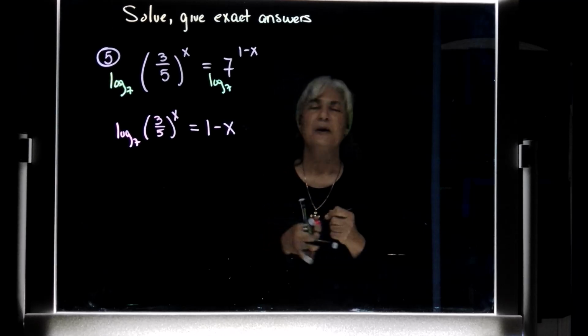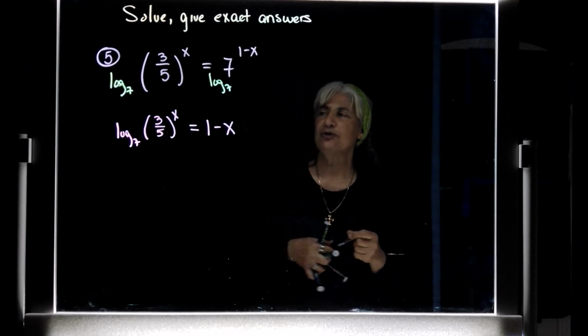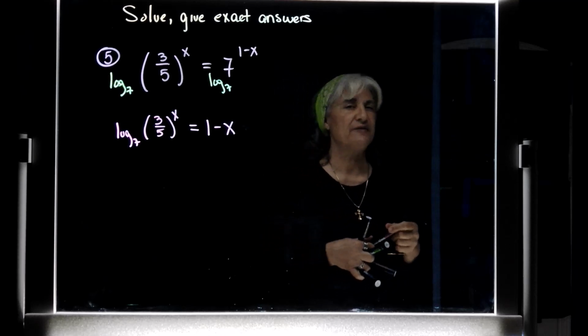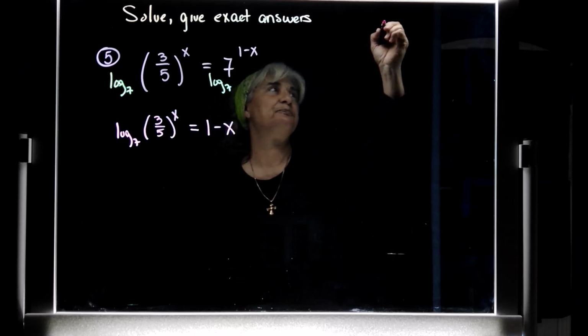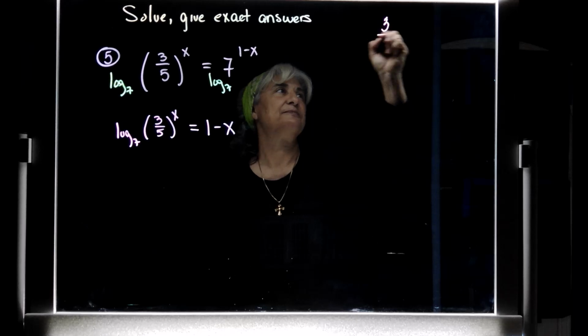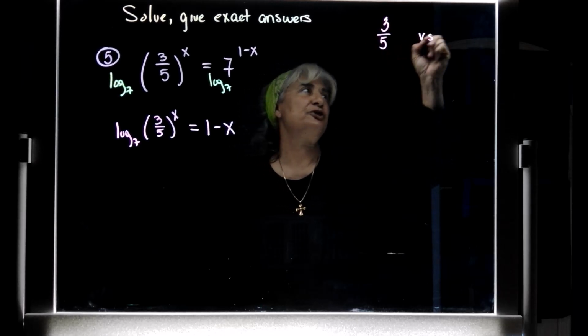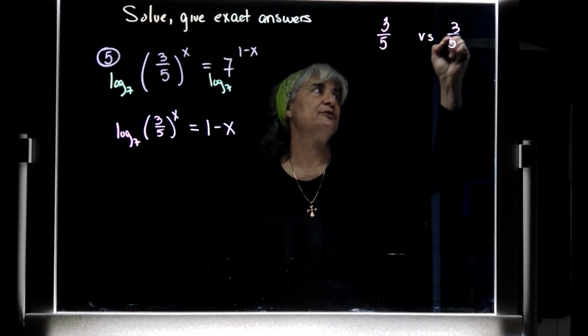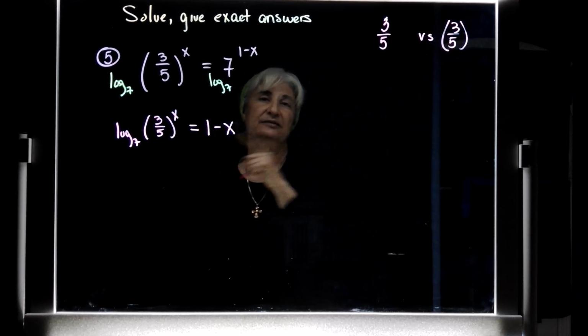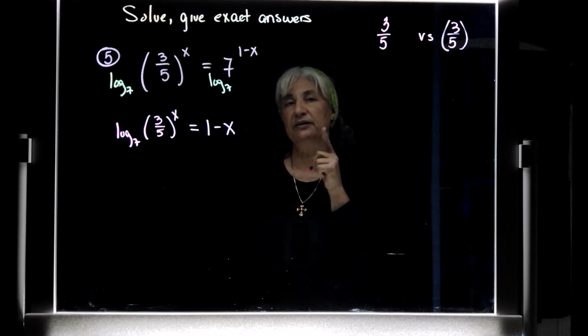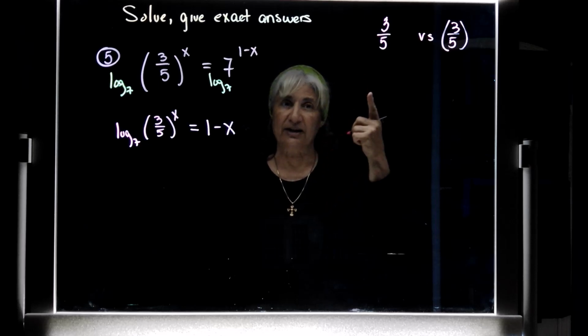Good. By the way, do you know why you keep the parentheses around the 3/5? Some of you do, some of you don't. Let me do this, just to make certain you understand why the parentheses are there. This x, it's the power of what? The whole fraction.